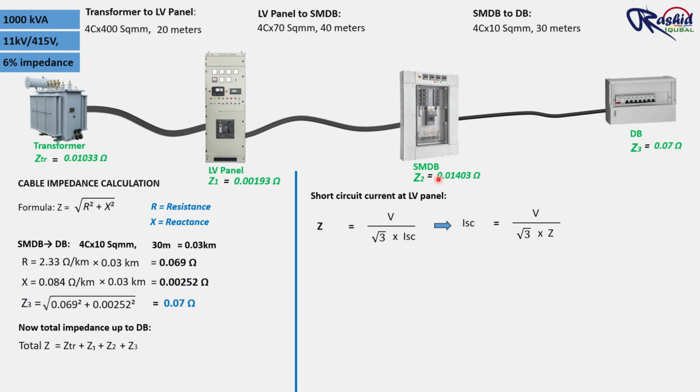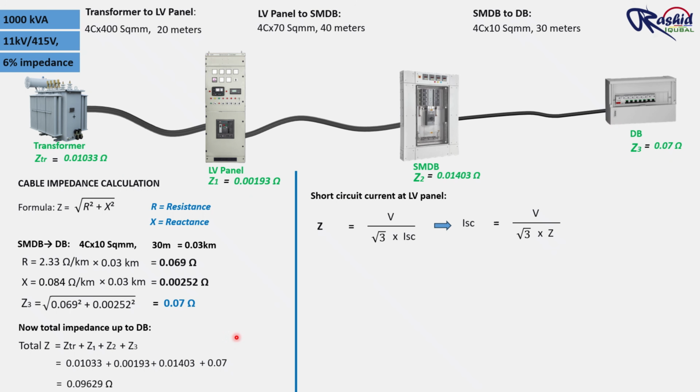Let me substitute these values. ZTR is the 0.01033 plus 0.00193 plus 0.01403 plus 0.07. After adding this, we get 0.09629 ohm. This is the total impedance up to DB distribution board.